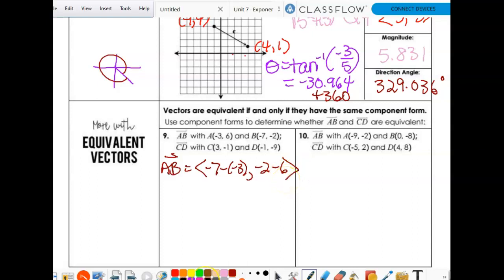So the minus is positive. So my AB is <-4, -8>. And if I do the same thing with my CD, I'm going to do minus 9, minus 3.